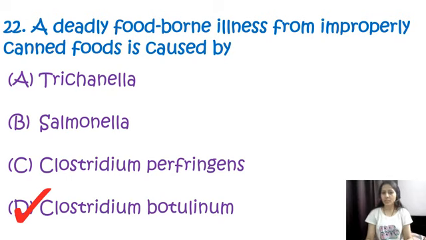When these foods are not processed correctly, the spores of Clostridium botulinum can survive and grow, produce these toxins and cause botulism. It is actually a fatal illness. So my correct option is D, that is Clostridium botulinum.